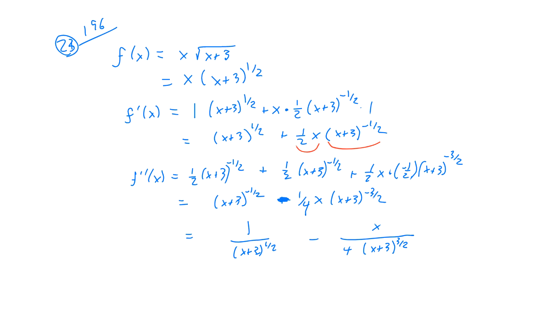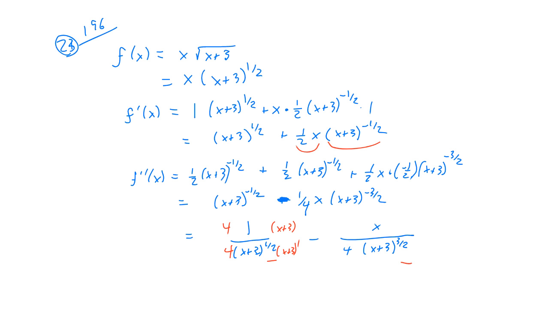I need a 4 on the bottom, so I'm going to multiply by 4 over 4. But also if I look at my exponents, I have a 1/2 exponent here and a 3/2 exponent here. So to get the same power of x + 3, I need to multiply by another x + 3 on the top and on the bottom. Because (x + 3) to the first times (x + 3)^(1/2) is (x + 3) to the 3/2.